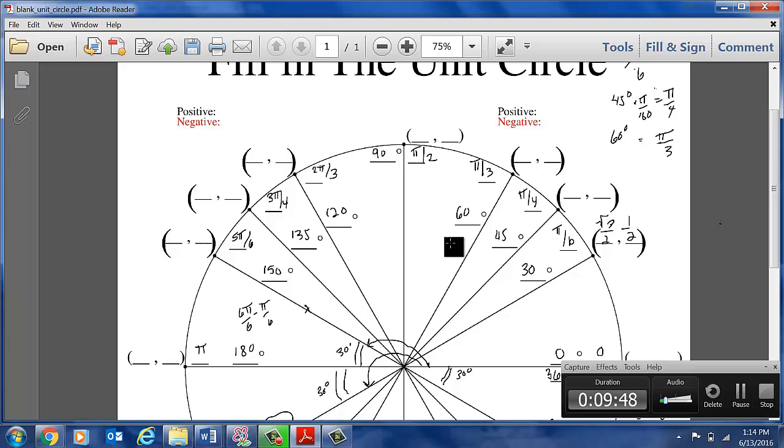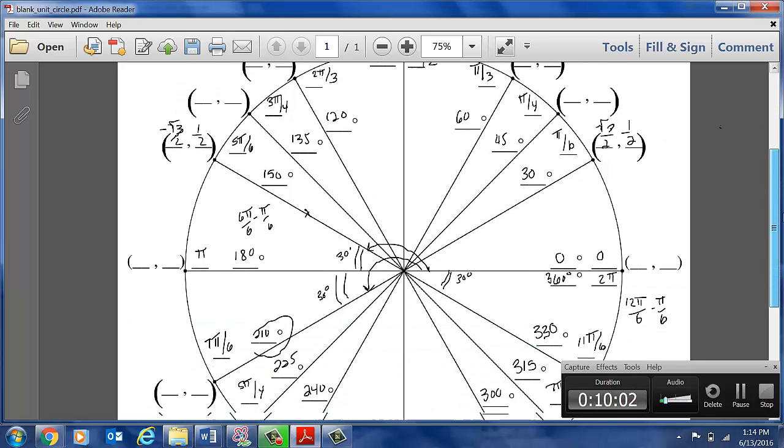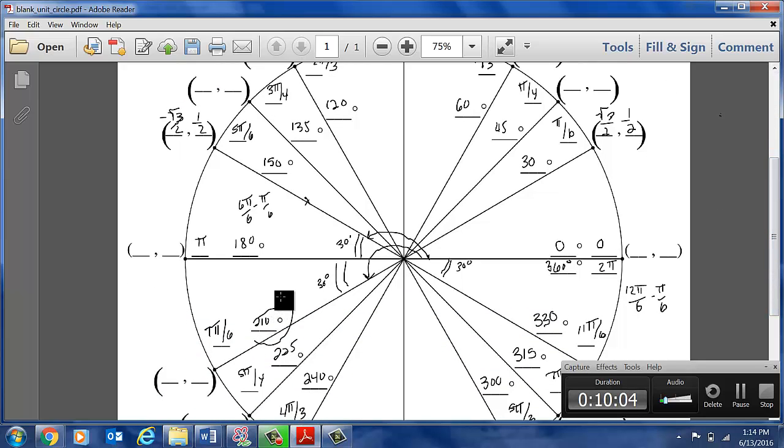So now using symmetry, I know what this ordered pair would have to be. Again, just using symmetry, I know that this would be negative square root of 3 over 2, 1/2. Using the same symmetry, I can go to the next angle with a 30-degree or pi over 6 reference angle.